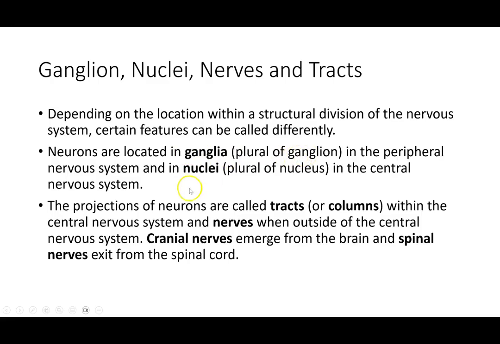And then in the central nervous system, those neurons are bundled together in nuclei, or into a nucleus for that singular. And then those projections off of the neurons are going to be called tracts or columns when they are within the central nervous system, and then nerves when they are outside of that CNS. So that's why we have peripheral and cranial nerves, so spinal nerves and cranial nerves, but we don't have nerves within the central nervous system because those structures are tracts or columns.